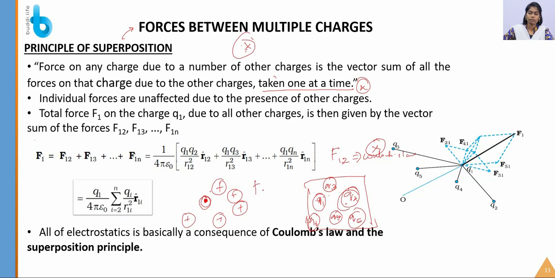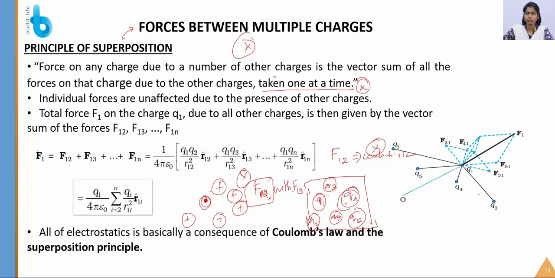Don't confuse F12 with F13. Don't mess up, because you have to add up the individual forces experienced by 1 due to 2, due to 3. So let's see the derivation. First, I want to calculate the force experienced by the charge q1.